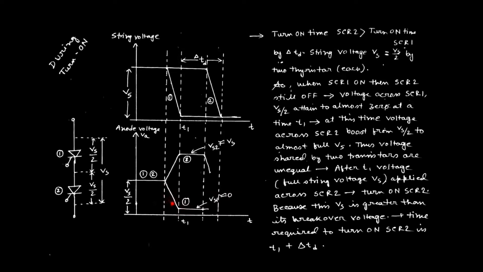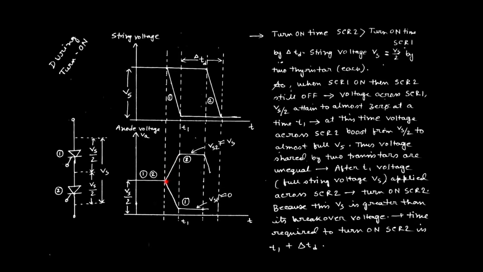That is why the voltage appearing across SCR1 falls, but not exactly zero, because of the presence of the 4 layers and 3 junctions. Anyway, the total string voltage is Vs. So once SCR1 is turned on, the total voltage appears across SCR2.